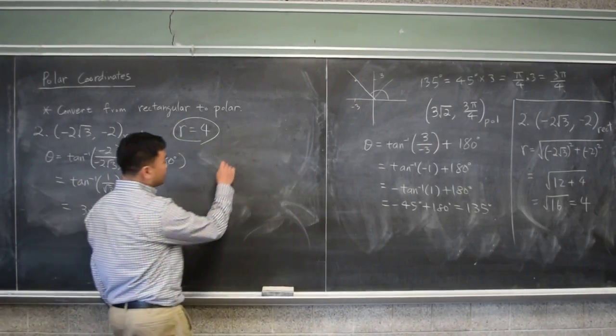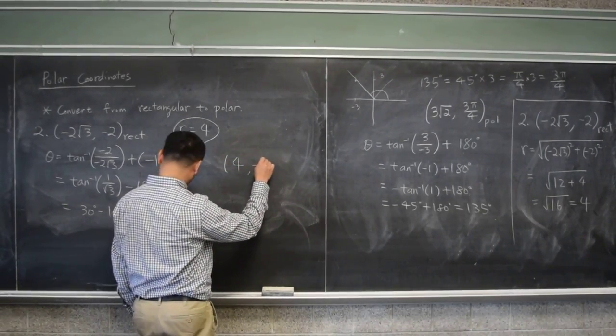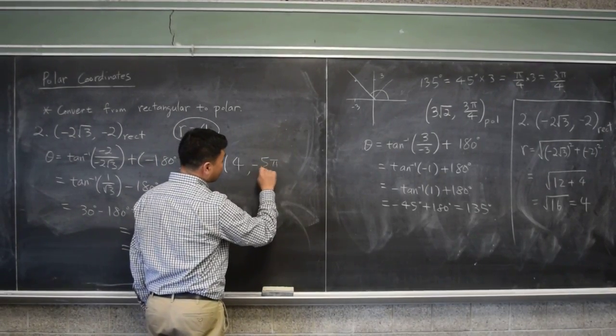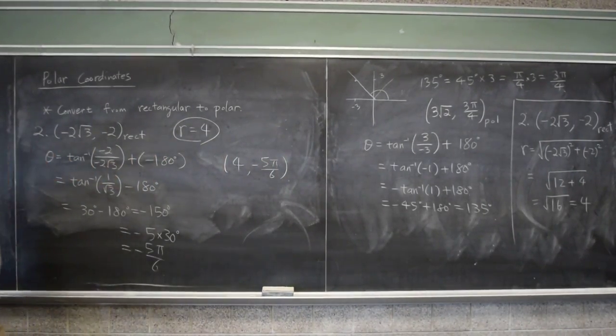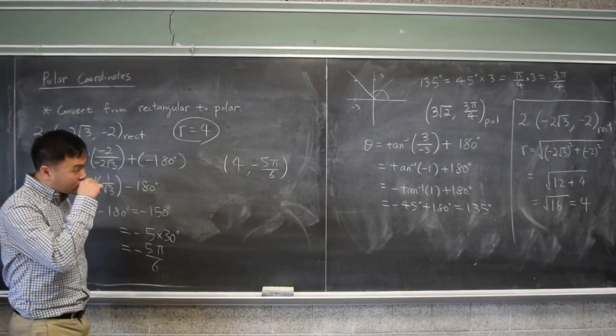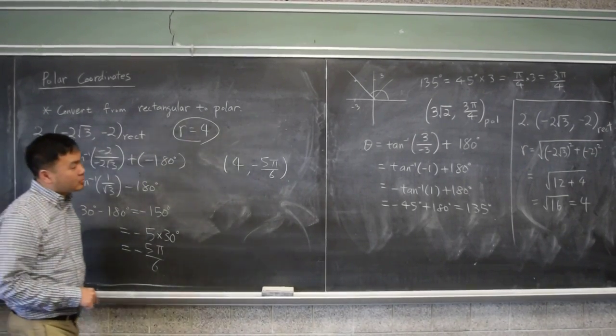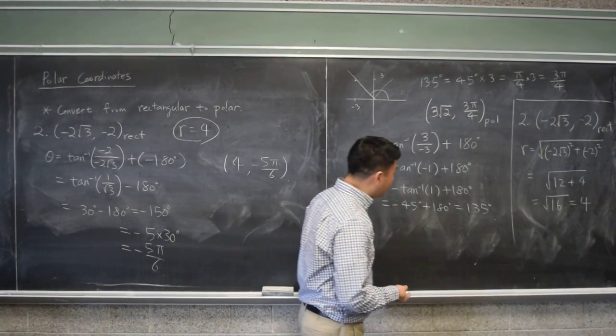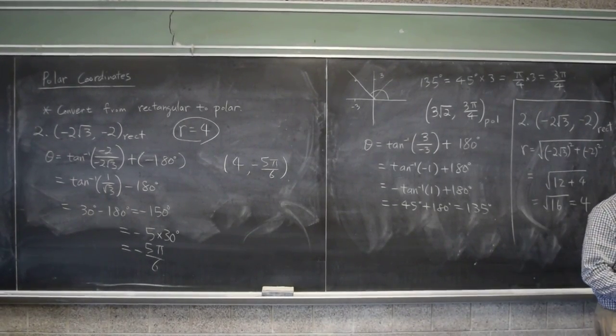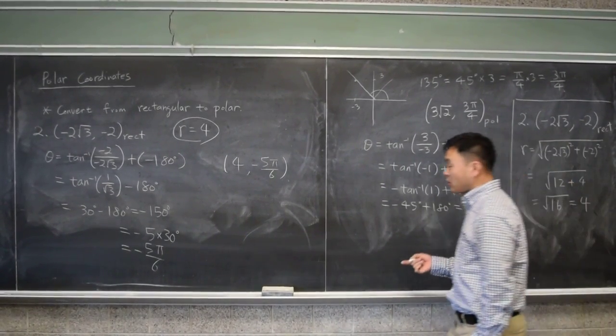So the answer for this is 4 comma negative 5 pi over 6. I prefer radians over degrees. Sometimes I might ask for degrees, but usually you have to practice using radians.